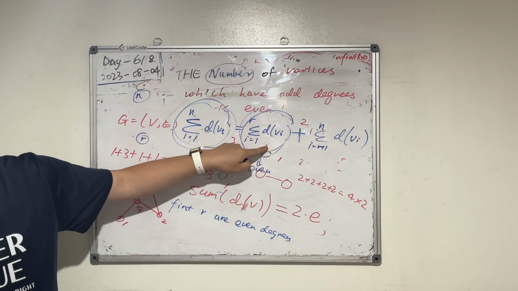So we are saying that degree Vi here is an odd number, each vertex has odd degree.